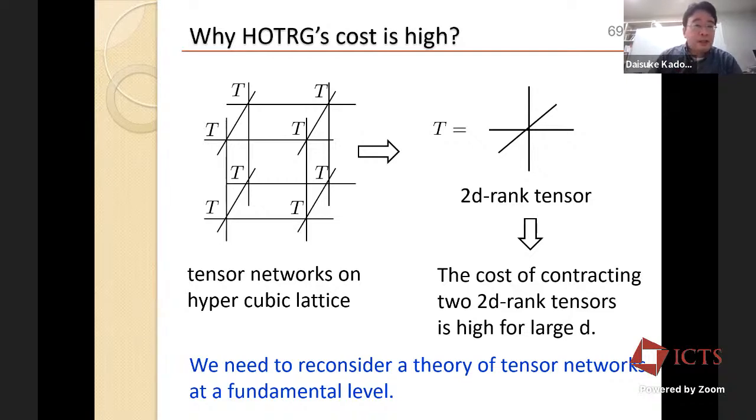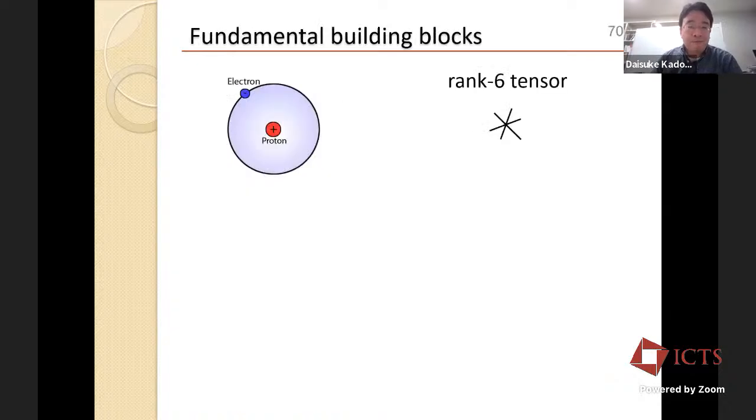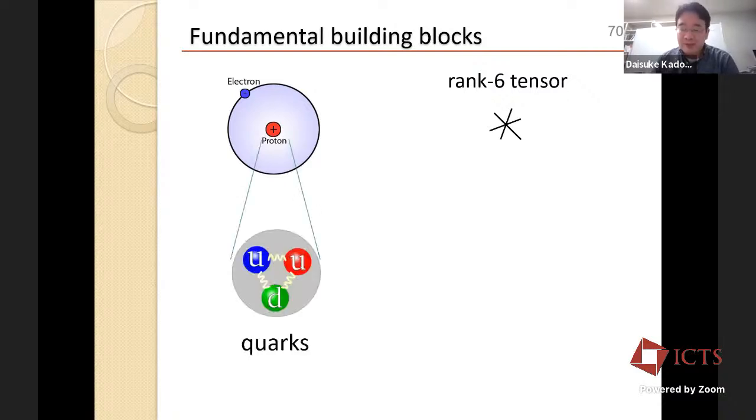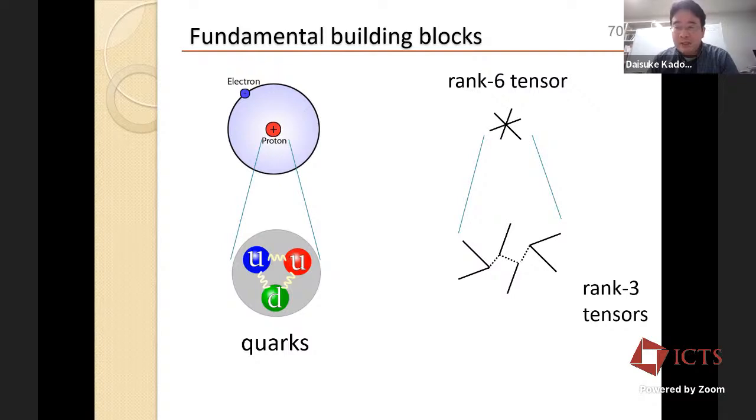As you know, a proton is not a fundamental building block of nature. A proton is made of 3 quarks. The quarks are fundamental building blocks. Similarly, a rank 6 tensor in 3 dimensions is not a fundamental building block of tensor network theory, because a rank 6 tensor is expressed as a tensor network of 4 rank 3 tensors.